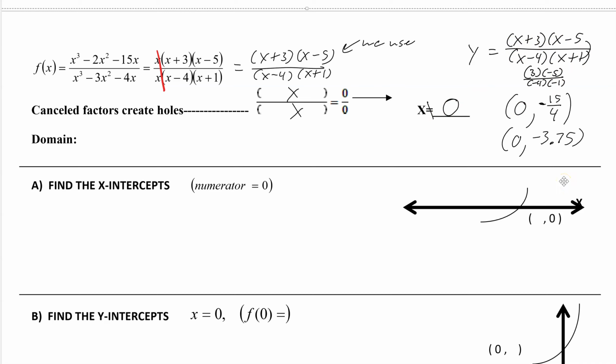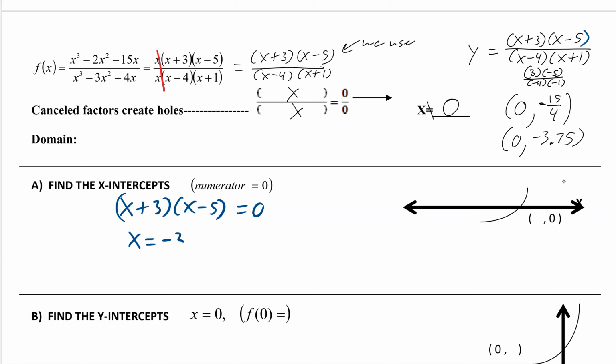Okay, now what we need to do is find the x-intercepts. And so we take our numerator, the x plus 3, and the x minus 5, and we set those equal to 0. So this tells us we have an x-intercept at negative 3, and another x-intercept at 5.